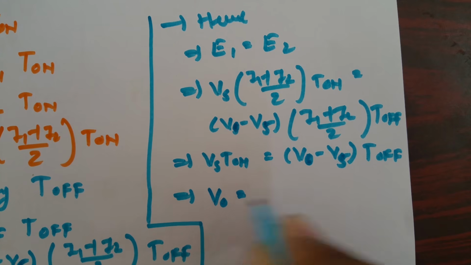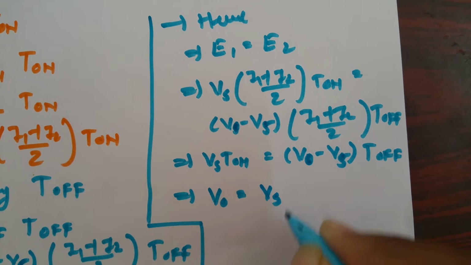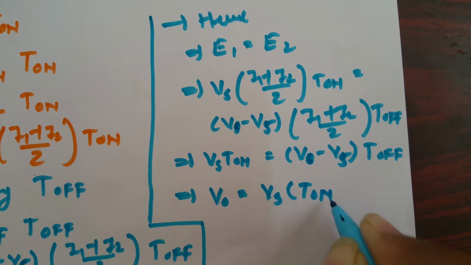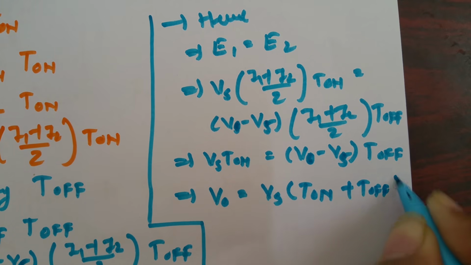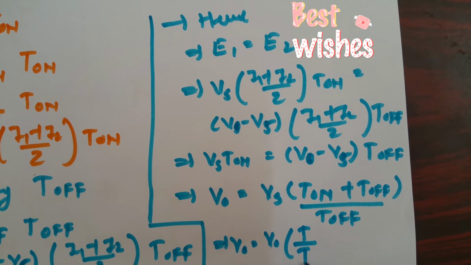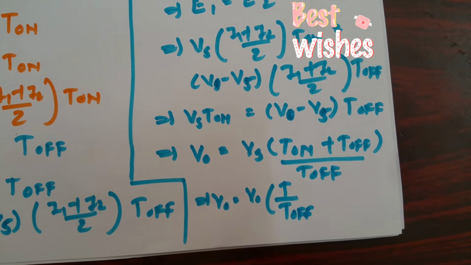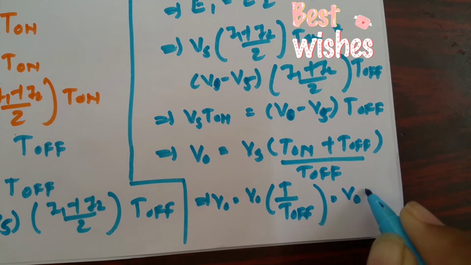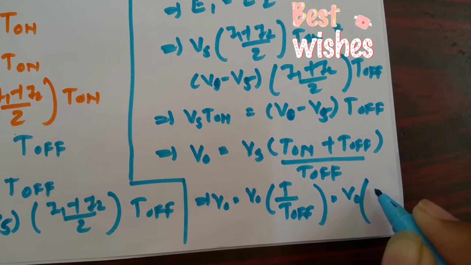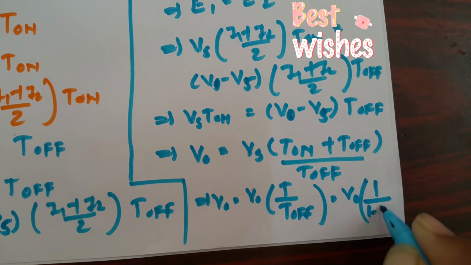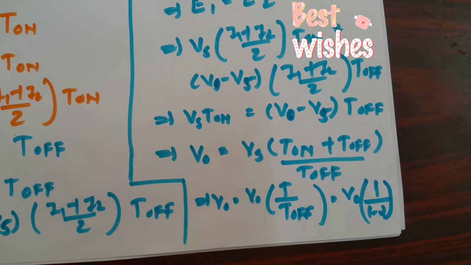So V0 is equal to Vs into (T on plus T off) divided by T off. So that is V0 is equal to Vs into T by T off. Just dividing that, it will result into V0 equals Vs into 1 divided by (1 minus alpha), where alpha is the duty cycle.